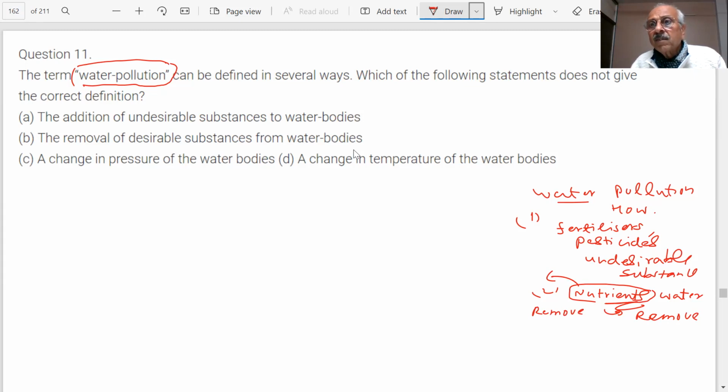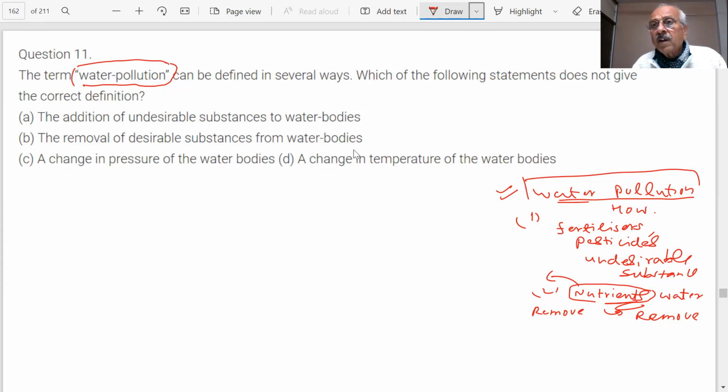What else is there? Try to understand what else is there when we talk of water pollution, students. For the marine aquatic living organisms in the water, if the temperature change is very high, what will happen?